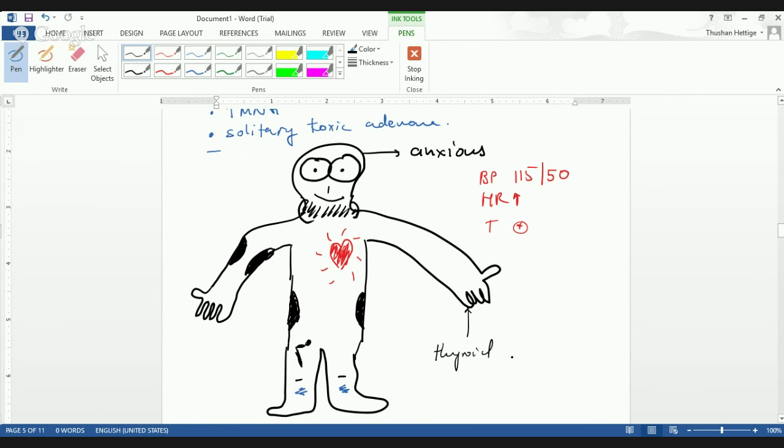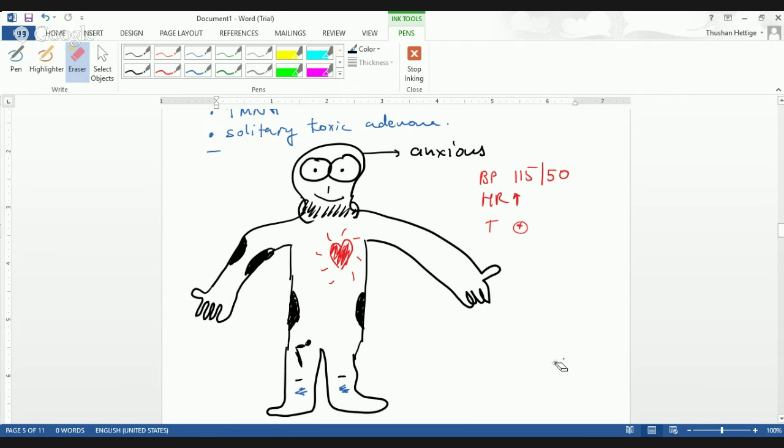Thyroid acropathy, and with that comes onycholysis. These aren't common. These are rather rare. So basically, nail changes with acropathy.